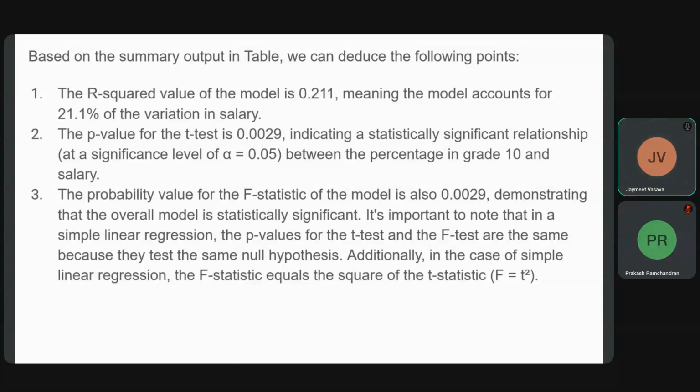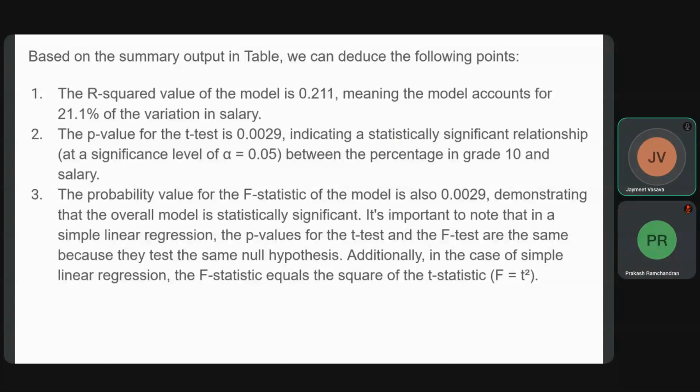The probability value of the F statistic of the model is 0.0029, signifying a significant relationship between the percentage that the student got in 10th and the salary they are getting.